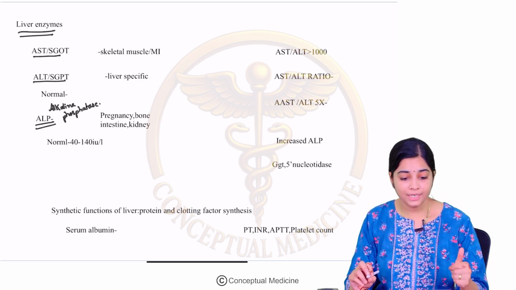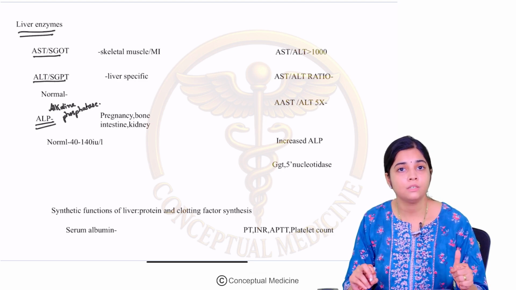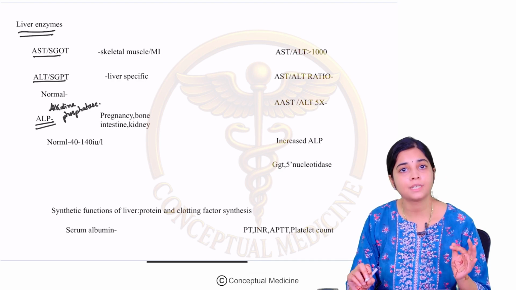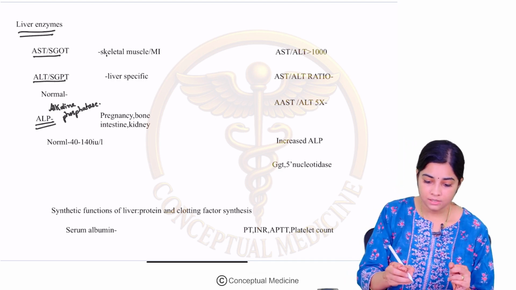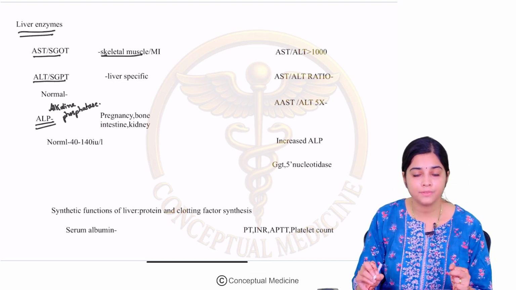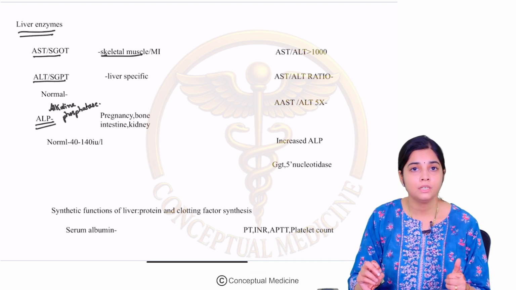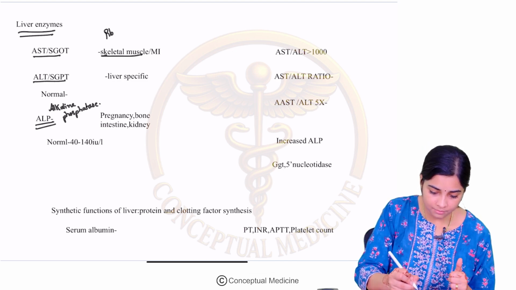Okay. So AST, which is also your SGOT, aspartate transaminase, is produced in the liver. But apart from that, AST is also produced by skeletal muscle, so it can be elevated in conditions where there is breakdown of skeletal muscle, like rhabdomyolysis.